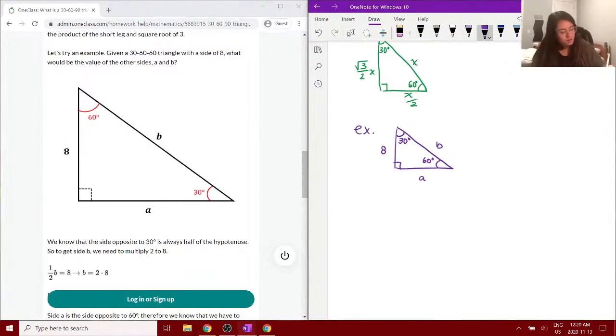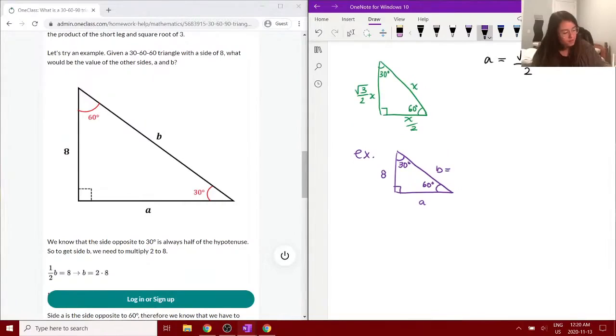So remember, we figured out from before that B is equal to, well, they switched around the letters. Usually I would prefer, because when you're using Pythagorean theorem, you need C to be the one across from the 90 degrees.